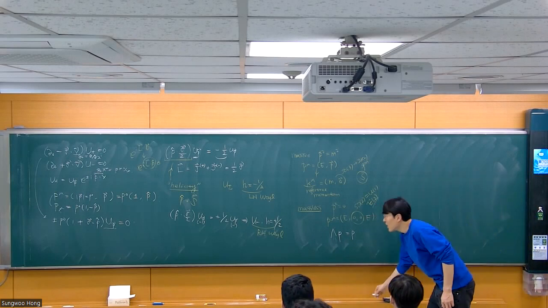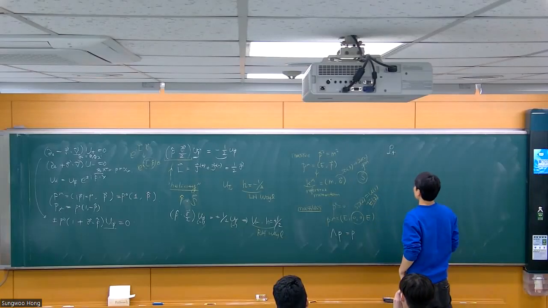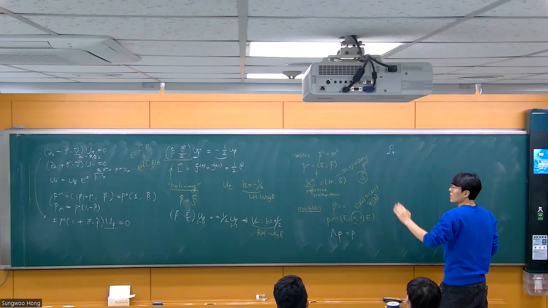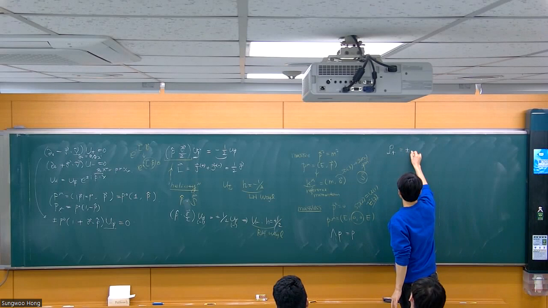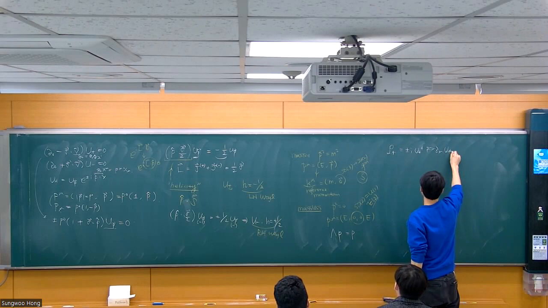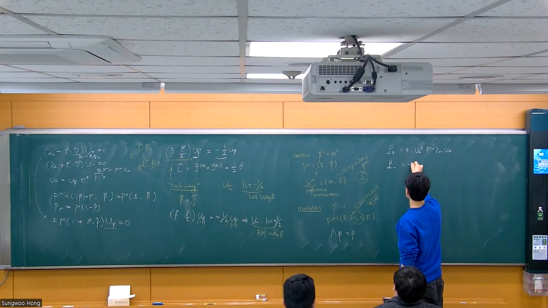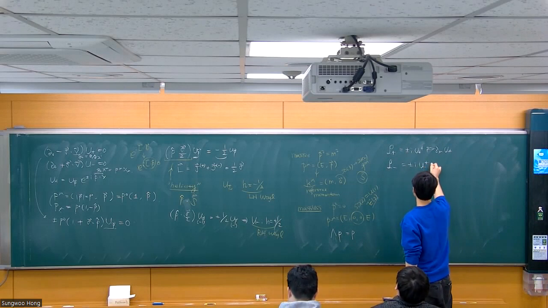So what have we learned? Therefore, we learned the following. There is this Lagrangian for U plus, so that we can nicely write it as this. Let me drop for the moment the last term. So then we have this.